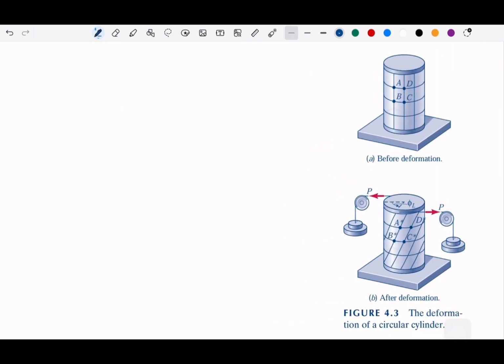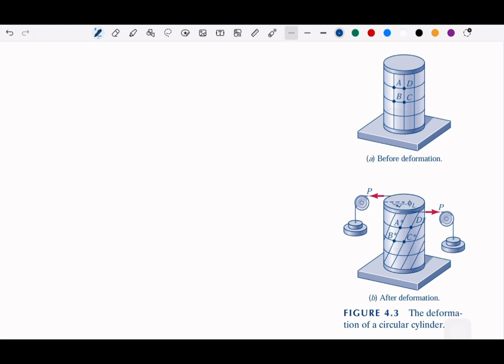Suppose that we have some weight on both sides, on this circle, which means this has some force P, and this has another, equal force. It is going to be twisted because of these two forces, and we have the angle that is our twist angle.